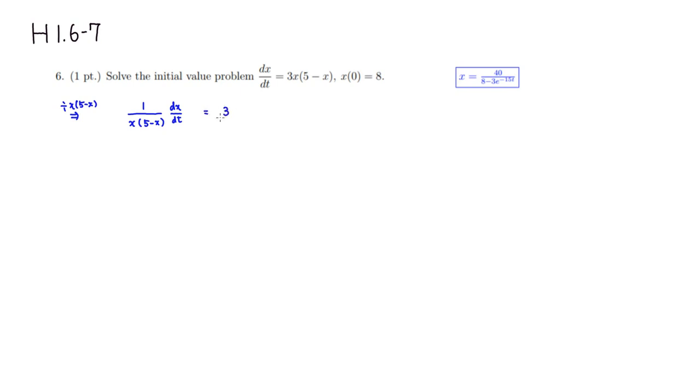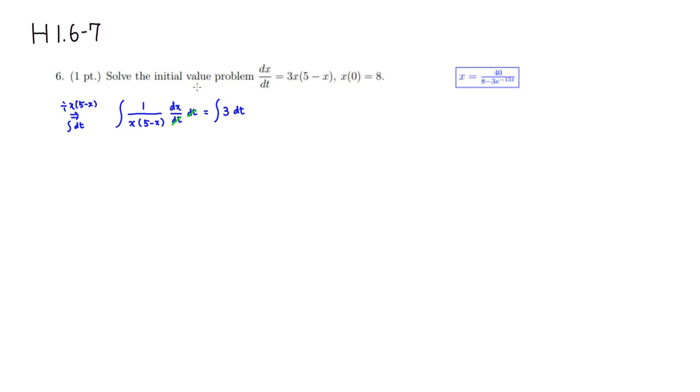Then we can integrate both sides with respect to t. Then we can of course cancel dt on the bottom and dt on top.